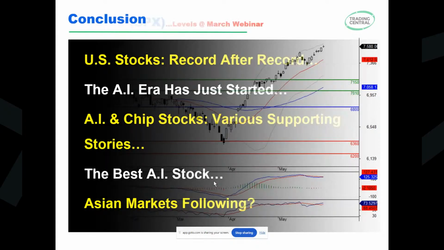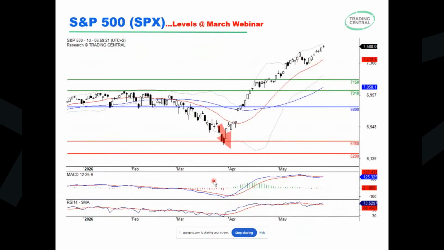First of all, this is the chart that I showed in our last webinar in March. At that time, we were in 24th of March, 26th of March, something like this. And the atmosphere was quite bearish.